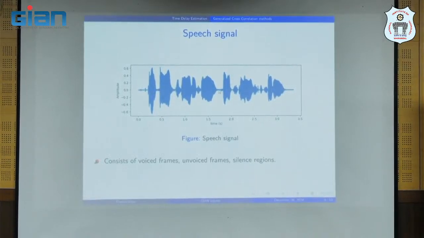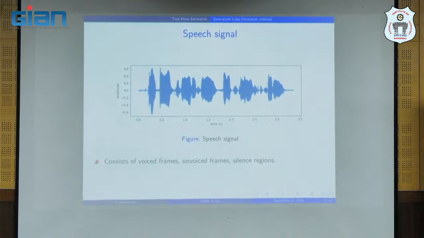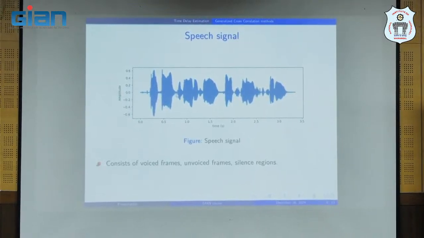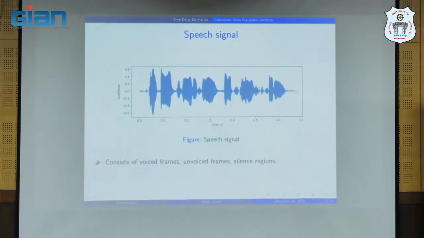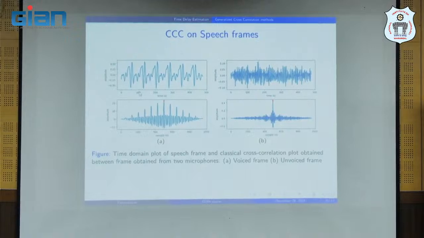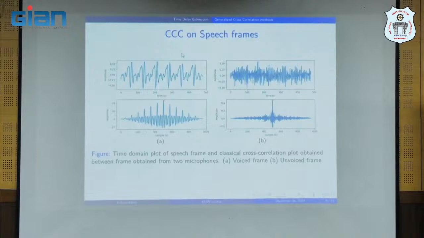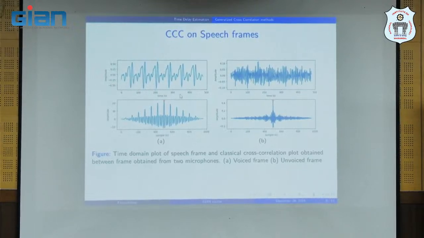And then there are silence regions. These peaks are voiced regions, these small regions over here are unvoiced regions, and this region here represents the silence regions.